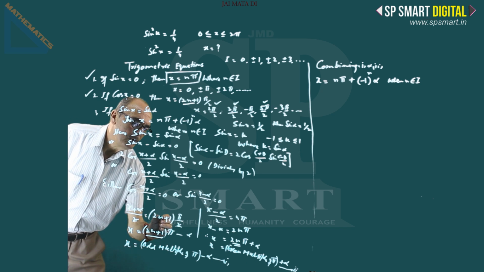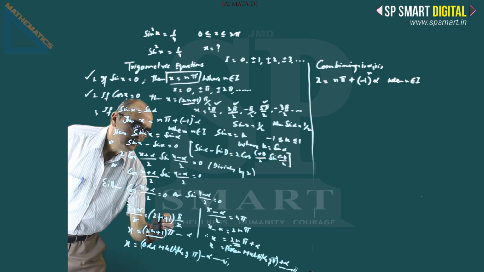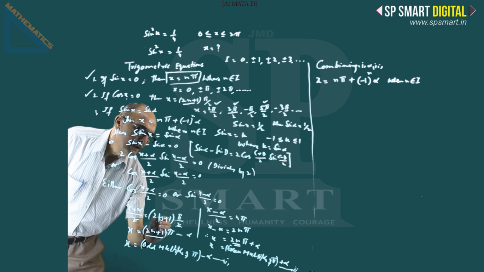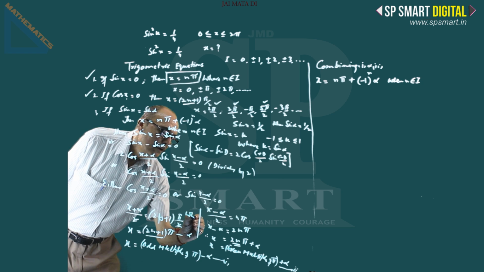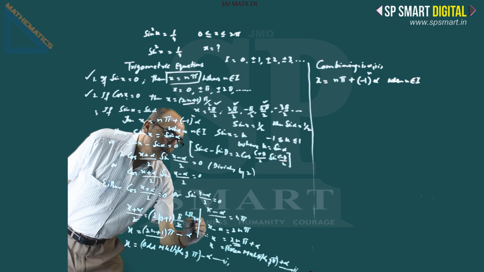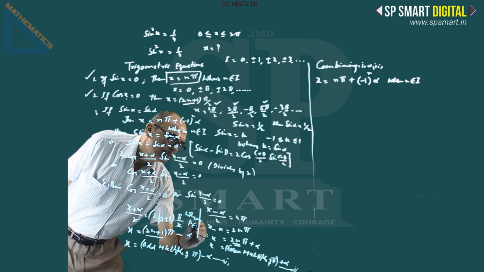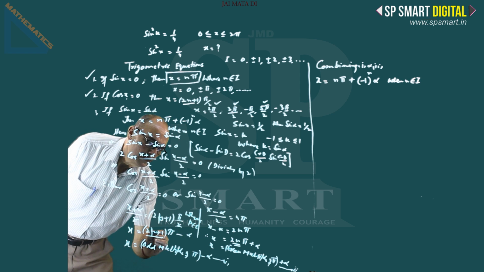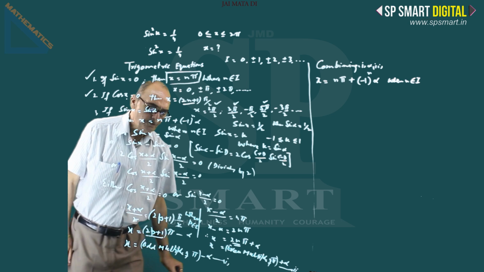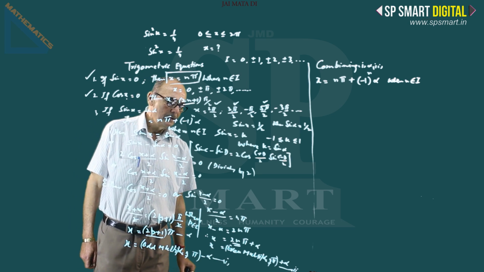instead of 2n plus 1, you can write down 2p plus 1, where p belongs to the set of integers. So, you can write this also as (2p plus 1) pi.